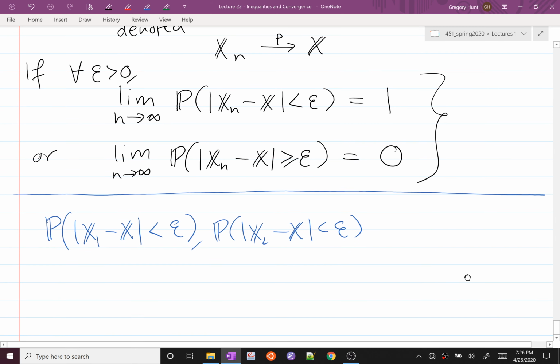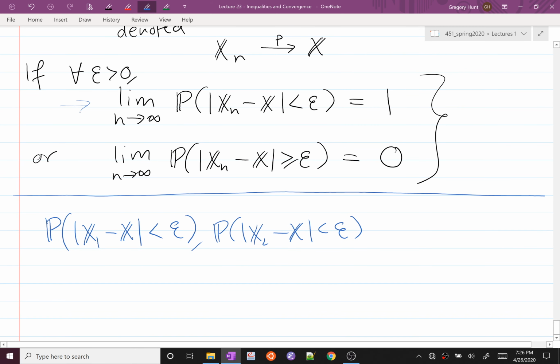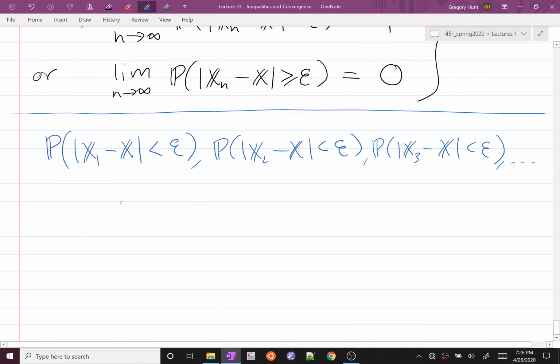If we use our first definition, first you pick your epsilon, some positive number. Calculate the probability that the difference in magnitude between X_1 and X is less than epsilon, then the same for X_2 and X, and X_3 and X, and you can keep going. You get a sequence of numbers.